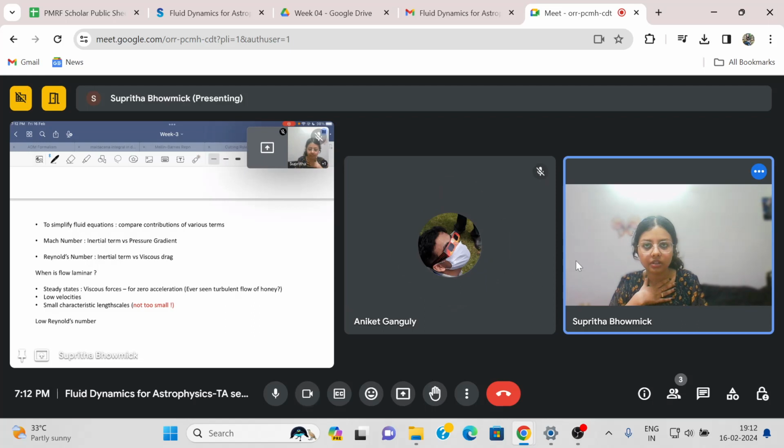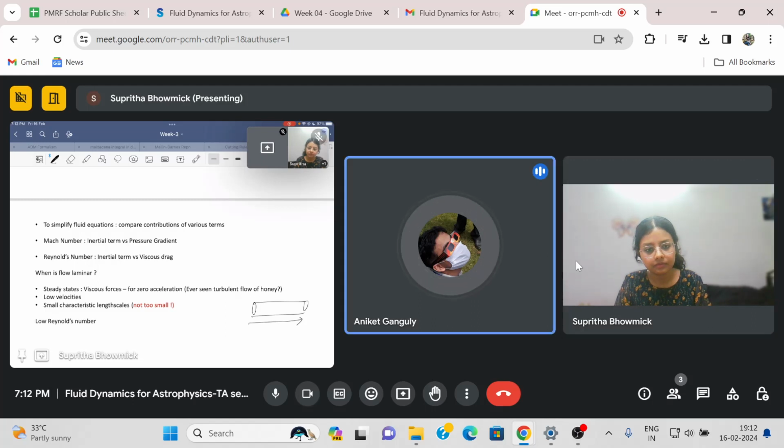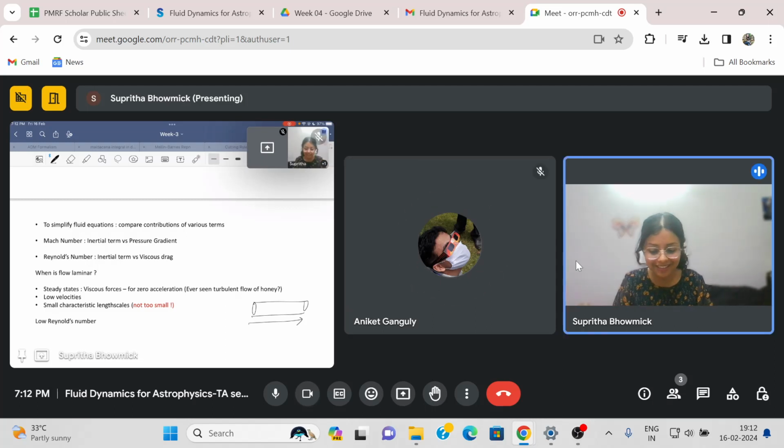The definition of characteristic length scale would differ from system to system, but think of it as this. If you're considering fluid flowing through a pipe, the length over which this fluid is flowing, let's say that is your characteristic length scale. Or if I have a river flowing, then what will be the characteristic length scale in that case? A river flowing would have, let's say, lots of banks, right?